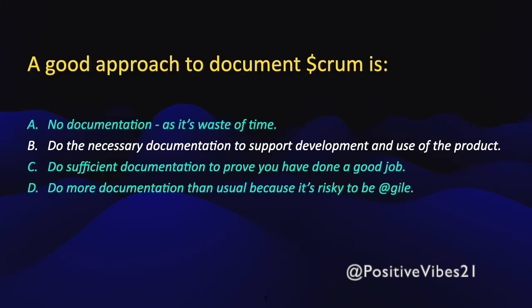So the right answer is do the necessary documentation to support development and use of the product. So no documentation is also not good, and having a lot of documentation is also not good. So we do the necessary documentation. Whatever is necessary, that part can be documented. Yeah. Let's move on.